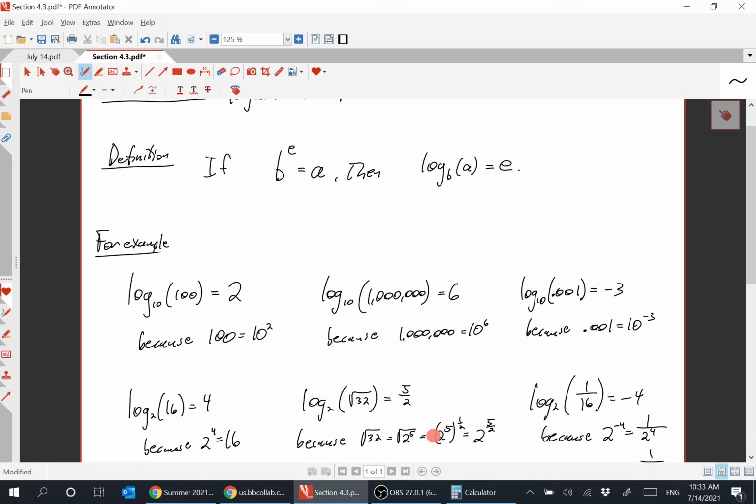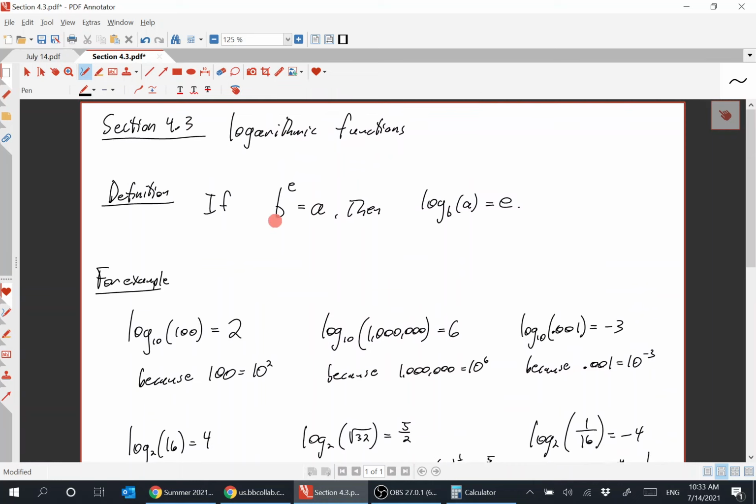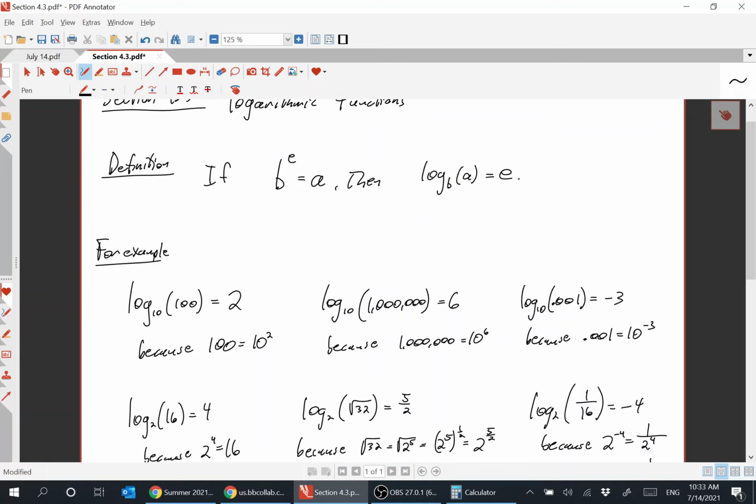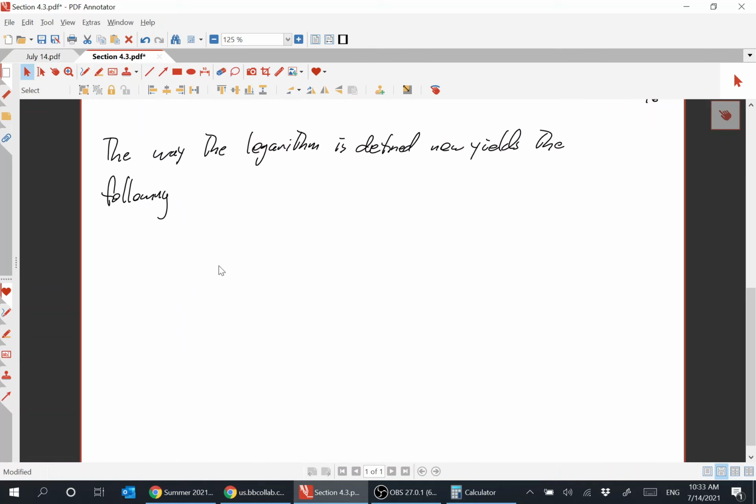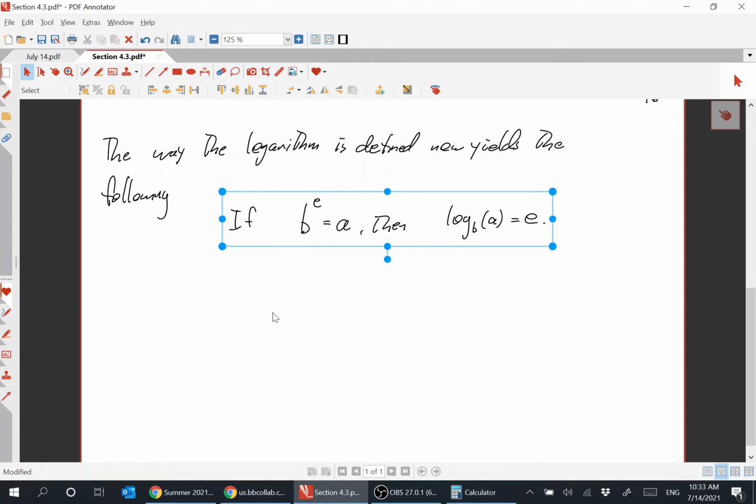Right, so if b to the e is equal to a, then the log base b of a is e. So let's dispense with the letter a entirely, and let's just put b to the e inside there. Right, so here is the definition.